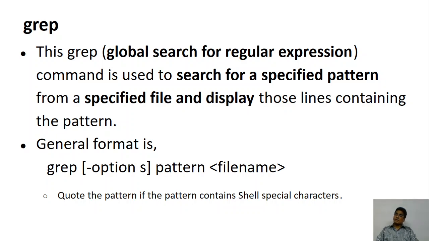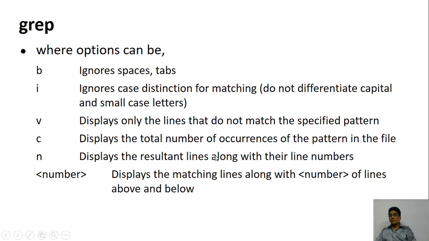So let's look at the grep command. grep stands for global search for regular expression. So it is used to search for something. Now you have this find in Windows, in Word you have this find. It's the same idea: if you want to find something in a file, how do you do it? You have grep. So the general format is grep followed by some option, then the regular pattern, we will see that regular pattern, and then the file name.